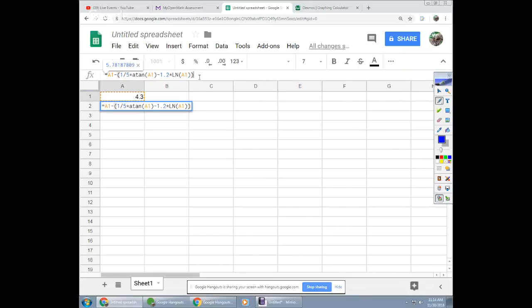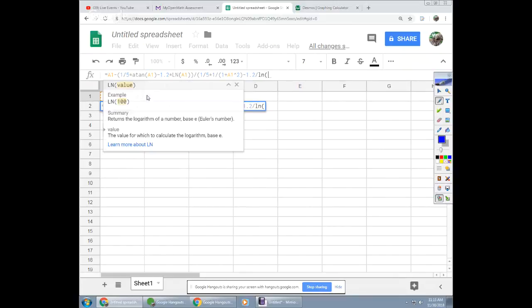And then I want to divide, parentheses for the division. And then here I have 1/5 times 1 over parentheses 1 plus x squared, close that denominator, subtract 1.2 over the ln of x.